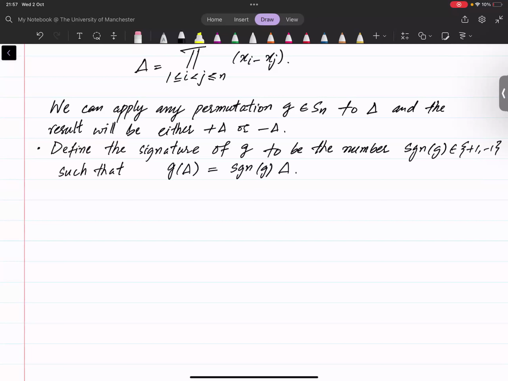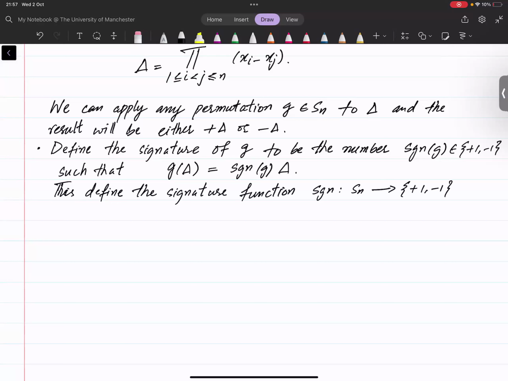Now this defines the signature function, which is a function sgn from Sn to the set plus 1, minus 1.